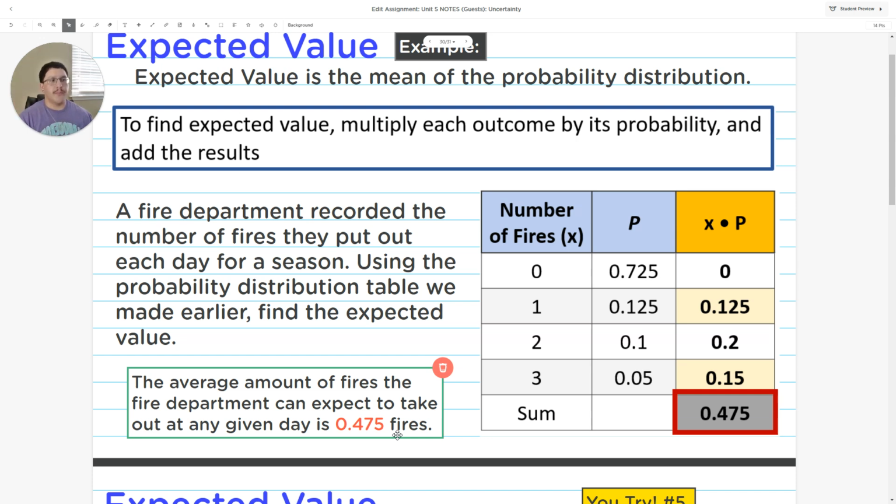So the way you interpret this is, more often than not, since it's below the halfway point, you can expect them to either not have to put out any fires, or have to at least put out one fire, since it is above 0. So at any given day, they can expect to take out one fire or no fires, with it leaning closer to no fires per day. So that's how you interpret this number.